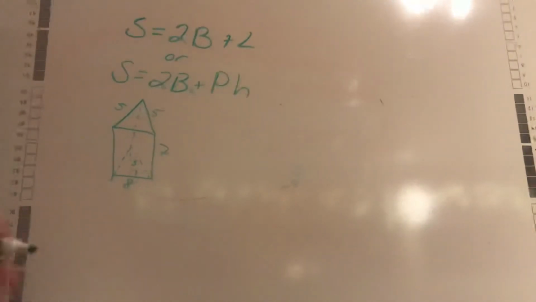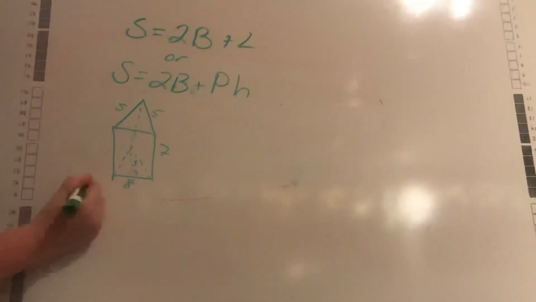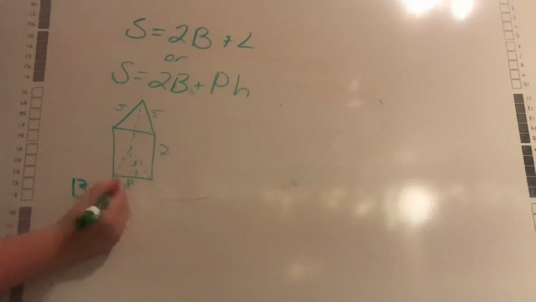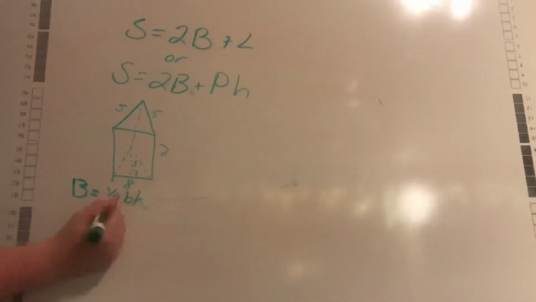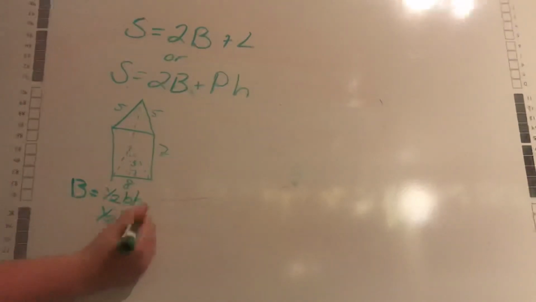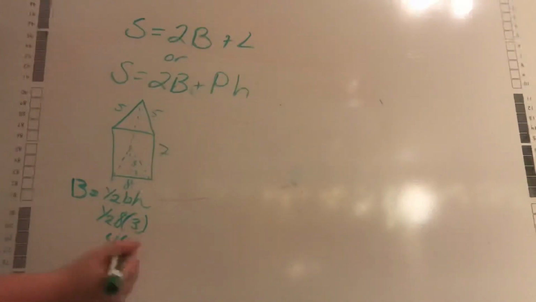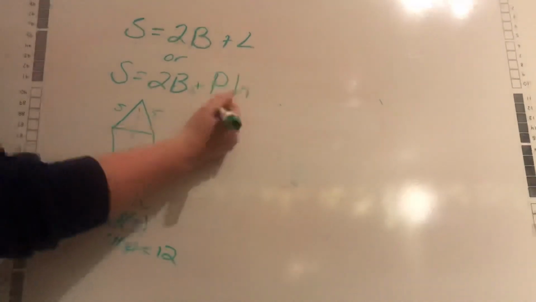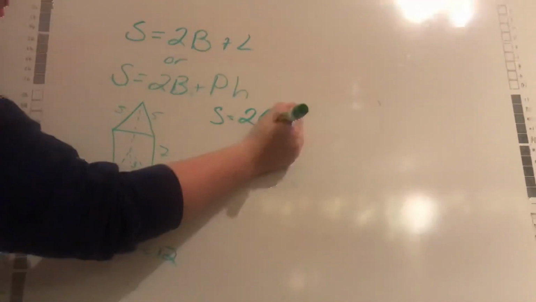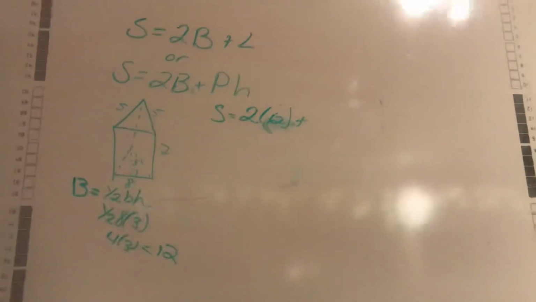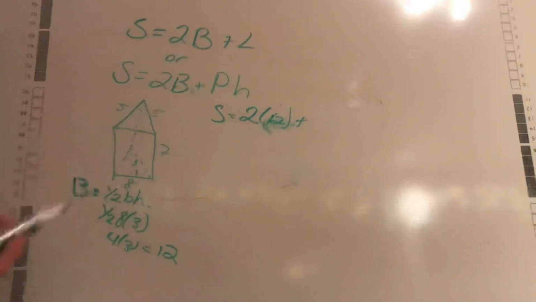Okay, so the very first thing we have to do is find our base. Well, this is going to be our base, and we know for a triangle, area equals 1/2 base times height. So that's going to be 1/2 times 8 times 3, which is 4 times 3, which equals 12. So S equals 2 times 12 plus the perimeter of our triangle, which is just 5 plus 5 plus 8.